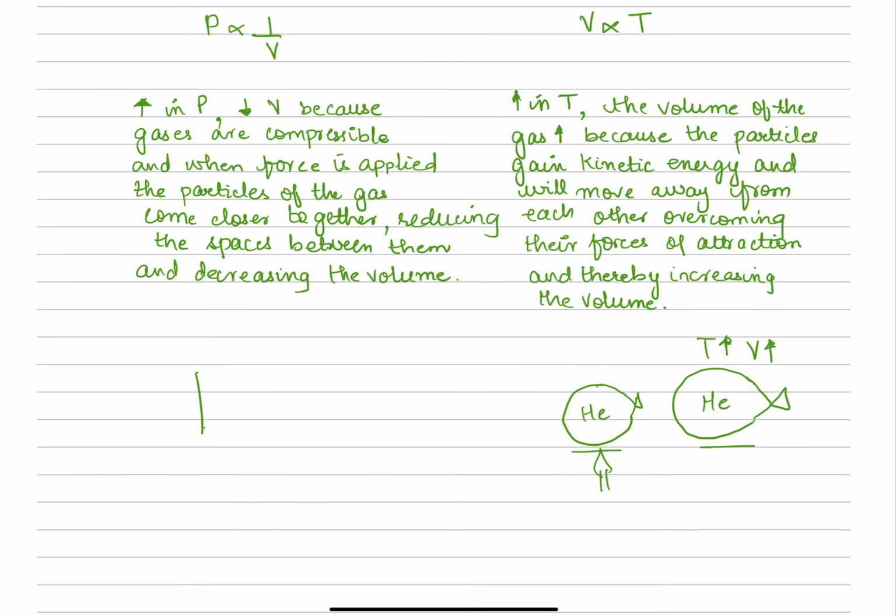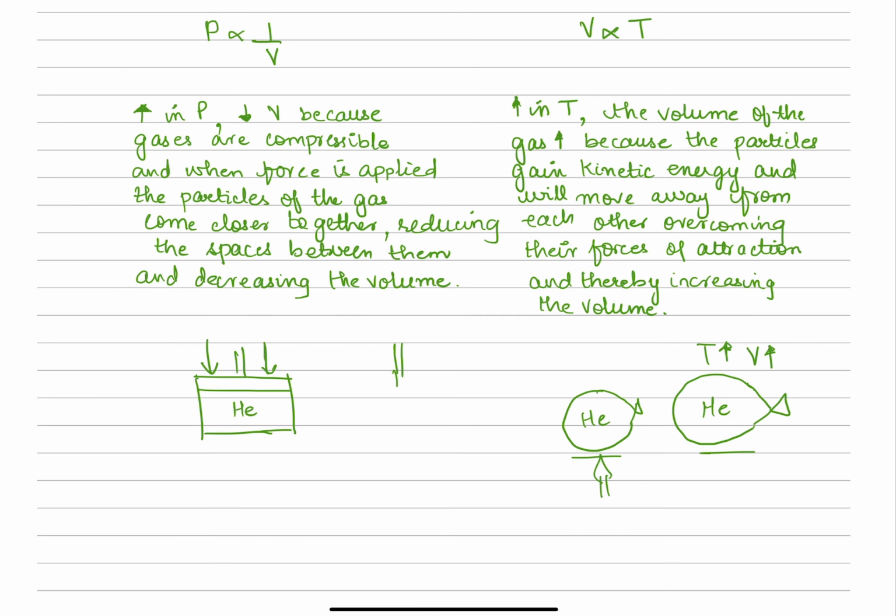Let's look at this case. Pressure. This is my piston, and this is my helium gas. When I apply pressure on this piston, the volume reduces. The piston goes down and the gas contracts. The volume reduces.